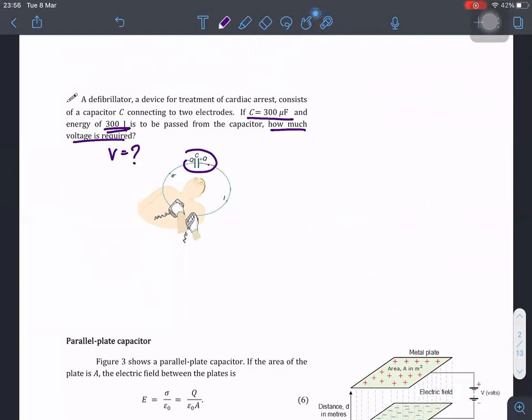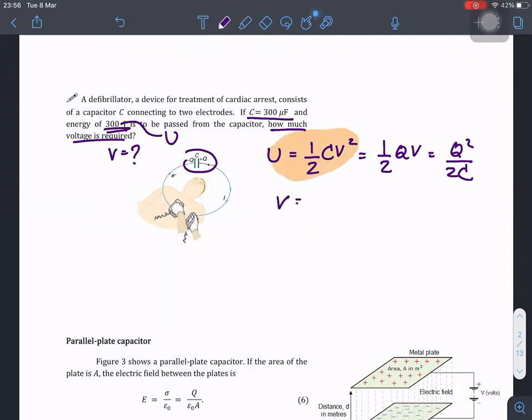So we can come up with the energy formula. From the energy formula, you can choose to remember just one formula: half CV squared, half QV, or Q squared over 2C, right? But the one that we actually need this time is this equation, and we should be able to find the voltage just by rearranging.